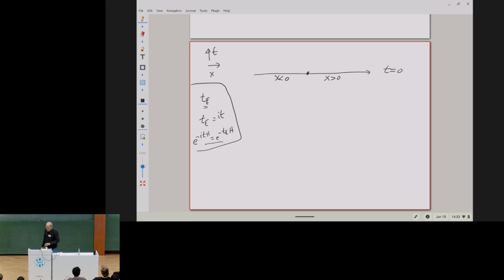And then a convenient way to construct the vacuum state is to do a path integral on the Euclidean half space. So t_E being 0 is the same as t being 0, since they differ by a factor of i. And instead of thinking of the hypersurface on which you want to construct the vacuum state as living in Minkowski space at t equals 0, we think of it as living in Euclidean space at t_E equals 0.